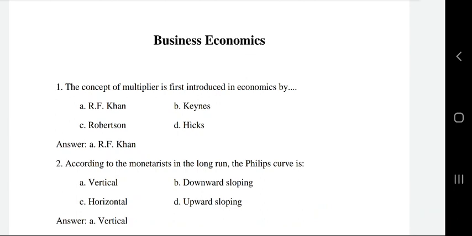Question number 1. The concept of multiplier was first introduced in economics by? Options are R.F. Kahn, Keynes, Robertson, Hicks. The answer is option A, R.F. Kahn. Multiplier broadly means an economic factor that, when increased or decreased, causes changes in many other related economic variables.